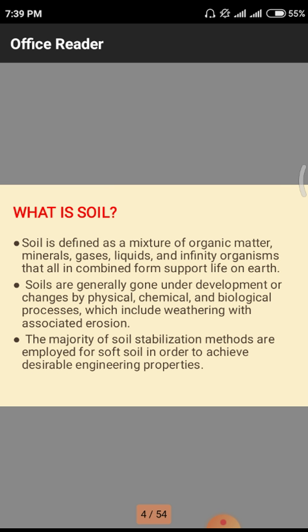After that, the soil generally goes through development or changes by physical, chemical and biological processes. Here, we have to observe three processes majorly. The first one is the physical process. Physical means a solid substance, and that substance goes through different deformations. For deformation, we can take a particular tree.